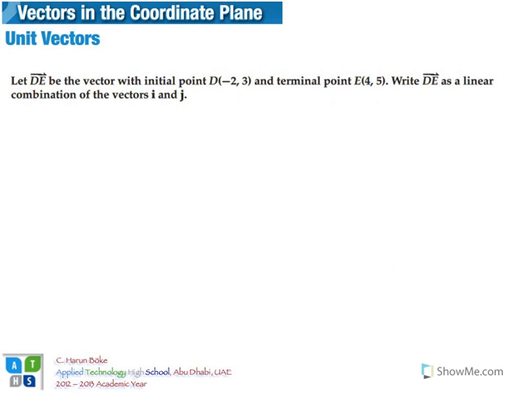Let's look at this example. Let DE be the vector with initial point D, which is (-2, 3), and the terminal point E, which is (4, 5). Write DE as a linear combination of the vectors i and j. Before we start, we need the component form of this vector DE.